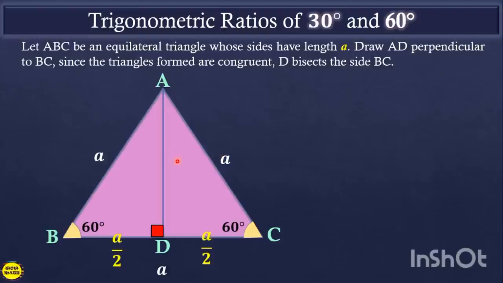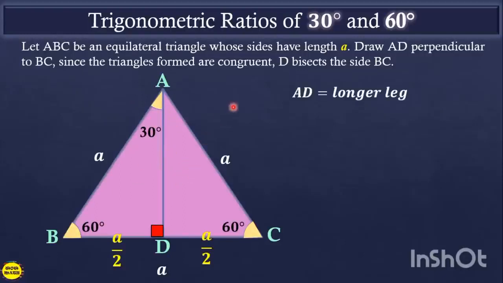And always remember that an equilateral triangle is also equiangular. Pag pare-pareho ang sides niyan, congruent ang sides niyan, ibig sabihin ng angles din po niyan ay congruent. Since hinati nga po ito, kung ito si angle A ay 60, ibig sabihin 30 degrees lang po ito. At ito rin 30 degrees. That's why these two triangles are congruent.